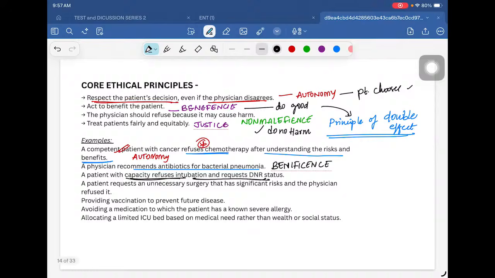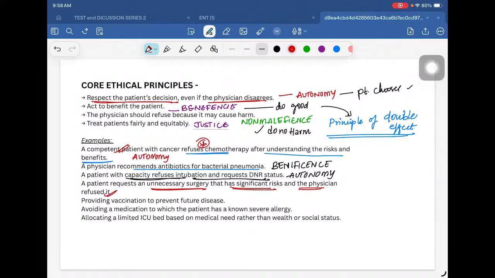Very good. This is autonomy. Basically whatever the patient is requesting, you're going with it. Perfect.